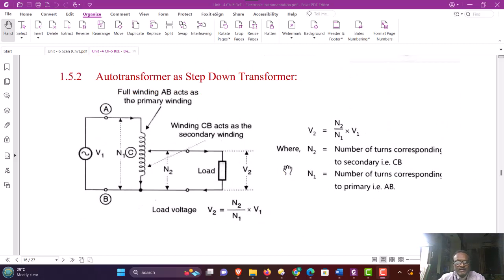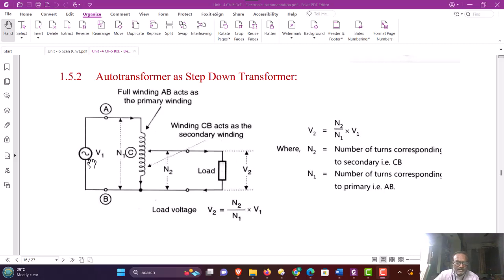Let us see the auto transformer as a step down transformer. Normally, across the winding fixed terminals A and B, the input voltage V1 is applied, which has say N1 number of turns. This winding is also called the high voltage winding or HV winding.